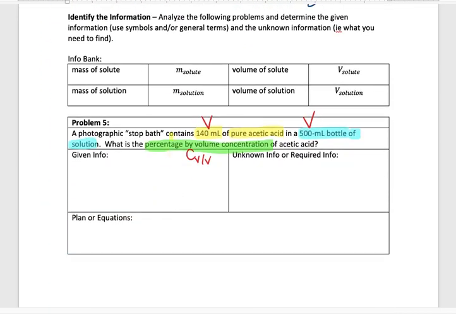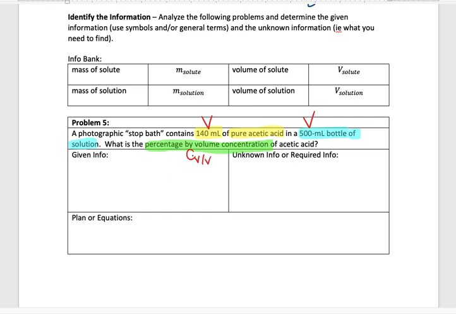From there, we have a couple of volumes here. Look through and figure out what kinds of volumes you can have. You can have a solute and a solution. The solute is the smaller amount, and the solution will have the greater amount.